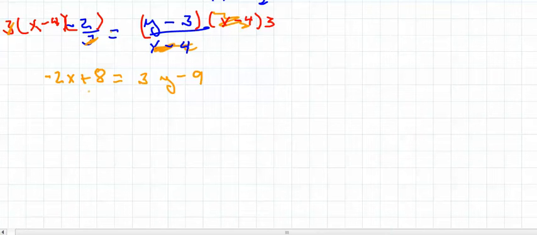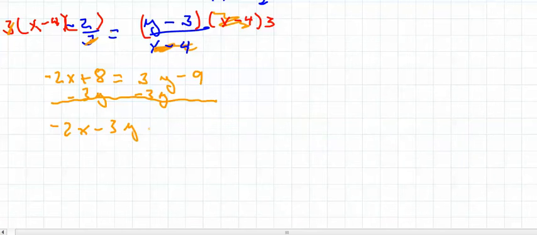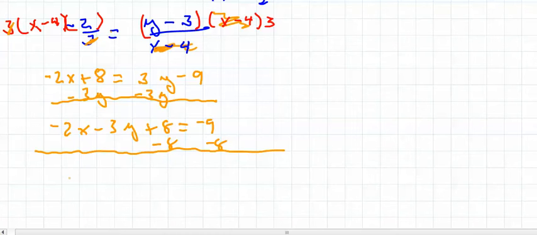All right, I am going to subtract 3y, and I get negative 2x minus 3y plus 8 equals negative 9, subtract 8, and I get negative 2x minus 3y equals negative 17.